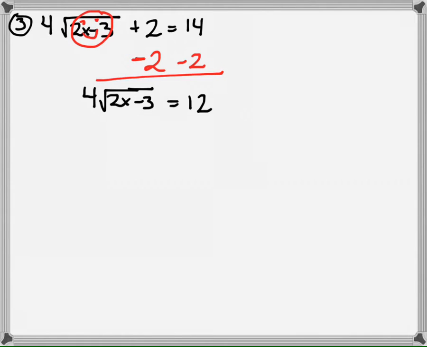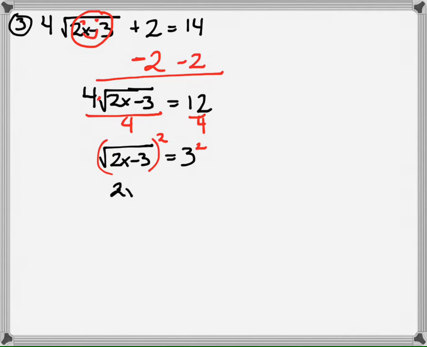The next thing that we are going to undo is the multiplication. So we're going to divide both sides by 4. And so we have the square root of 2x minus 3 is equal to 3. Now, my square root is by itself, so I'm going to square both sides. And so when I square a square root, what is under it comes out.